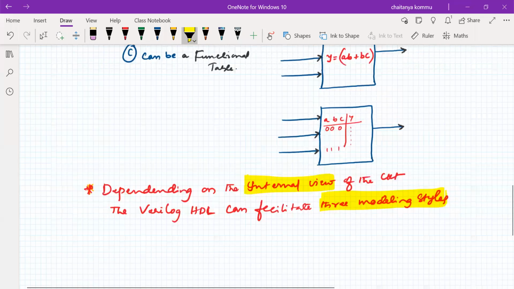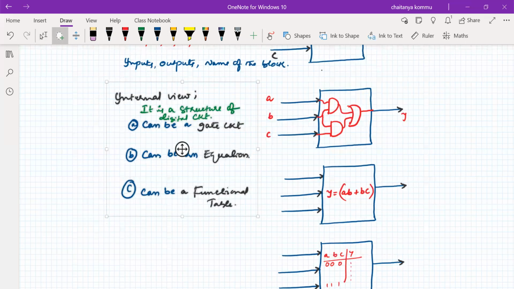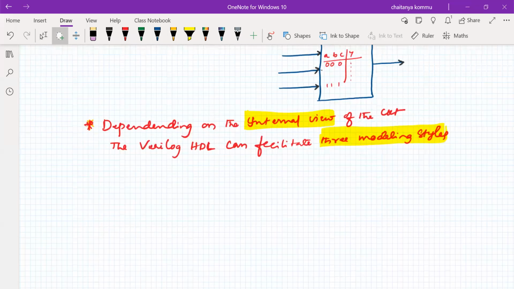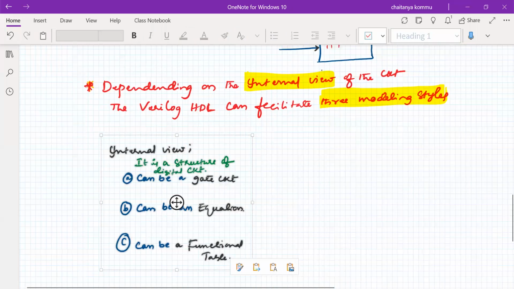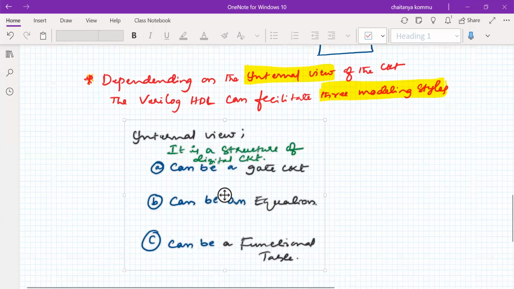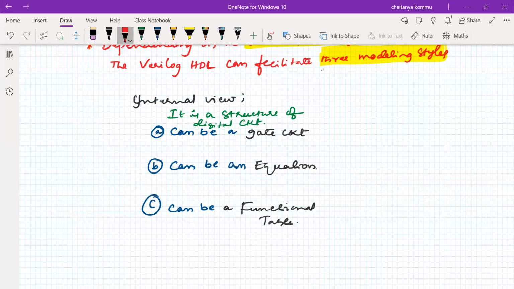So depending upon your internal view, different modeling styles are available. If you are using a gate circuit, then it is called gate level modeling.